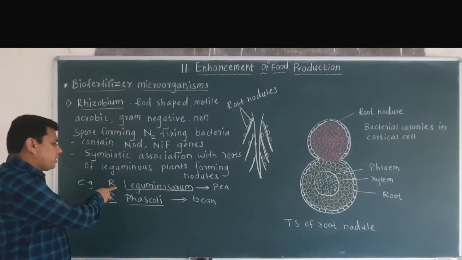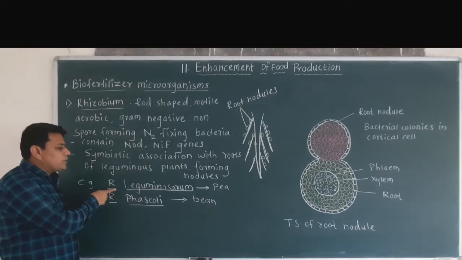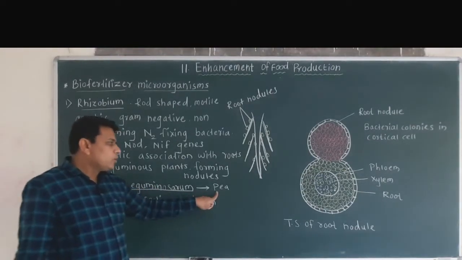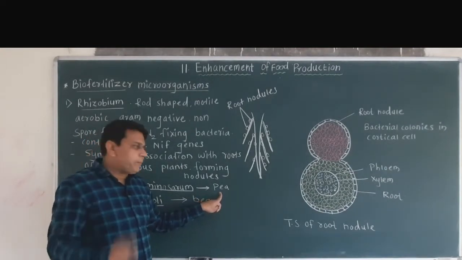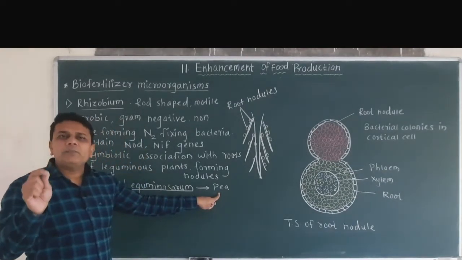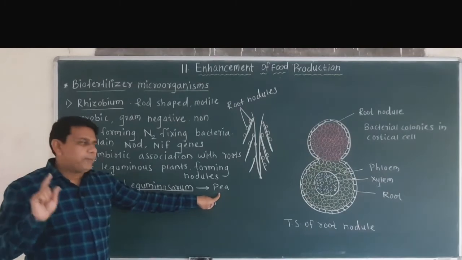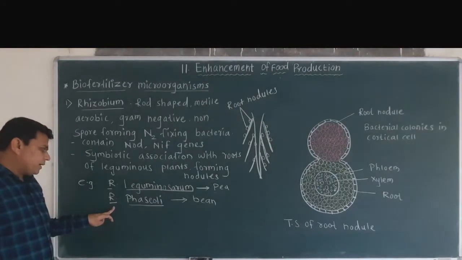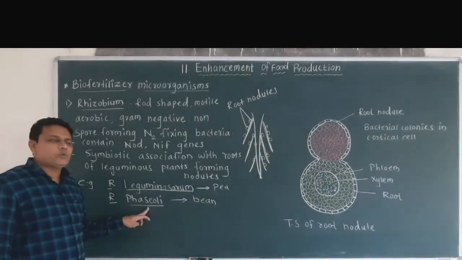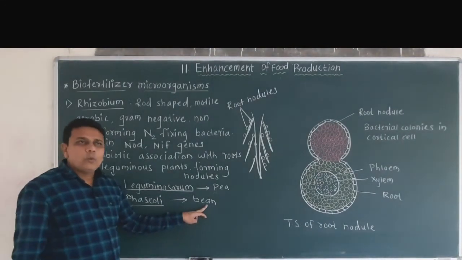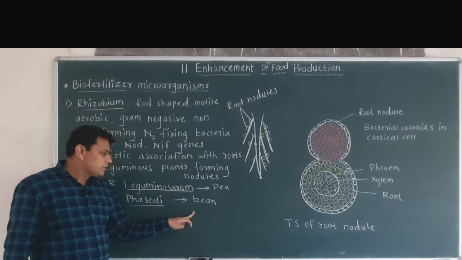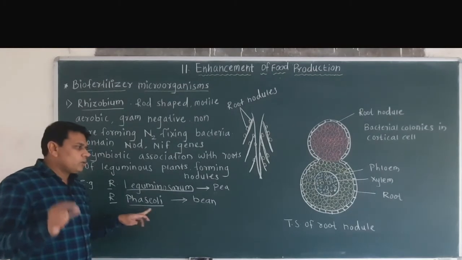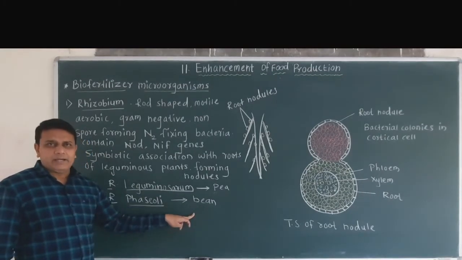For example, the bacteria Rhizobium leguminosarum is specific to the roots of pea plant, that means they will enter only the root of pea plant and develop nodules. Then the bacteria Rhizobium phaseoli is specific to bean root, that means this bacteria will form nodules only in bean plants.